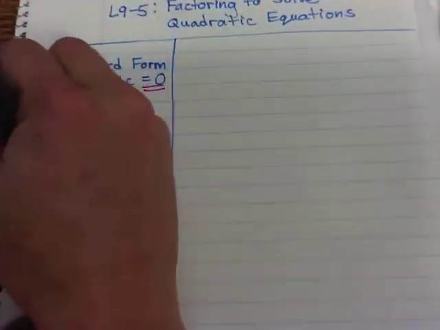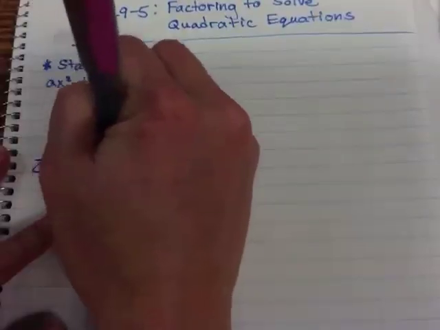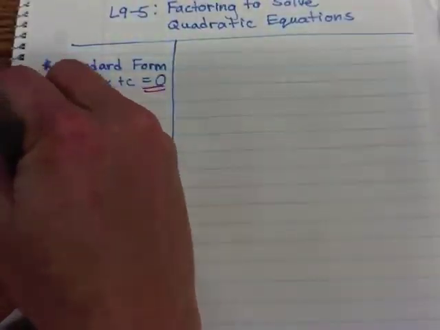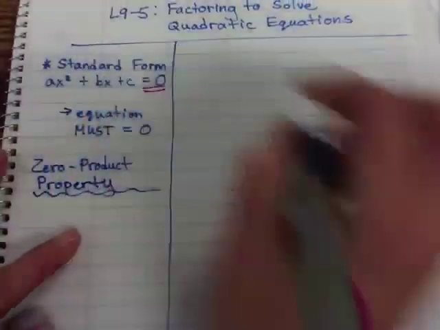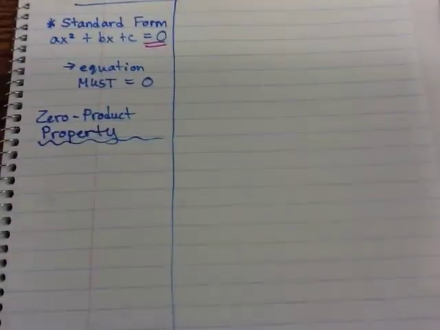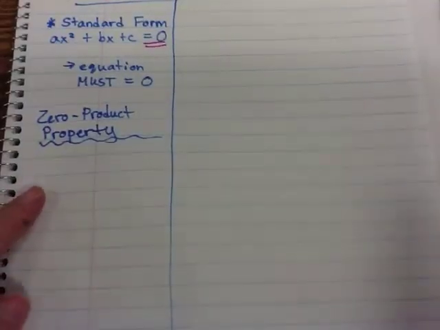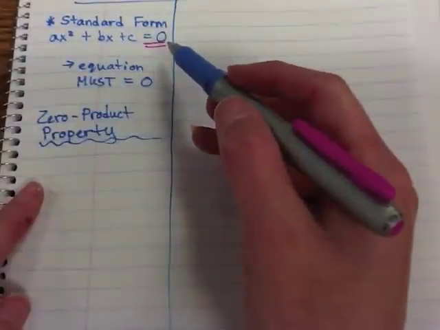There's something called the zero product property, and it has to do with this whole equals 0.